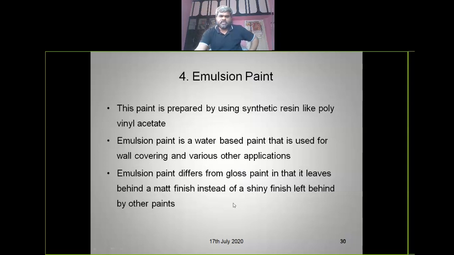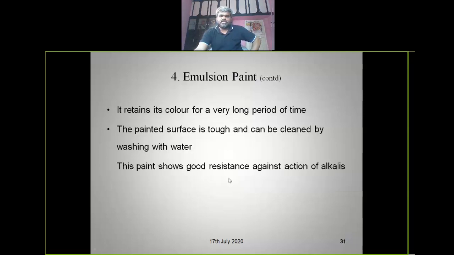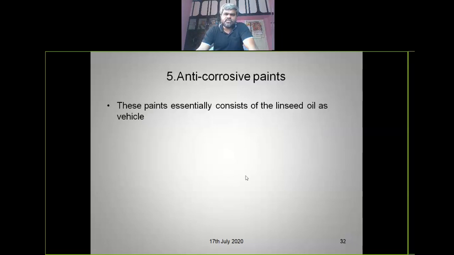Emulsion paints differ from gloss paints in that they leave behind a matte finish instead of a shiny finish. It retains its color for a long period of time. The painted surface is tough and can be cleaned by washing with water. The paint shows good resistance against alkalis. It dries quickly.